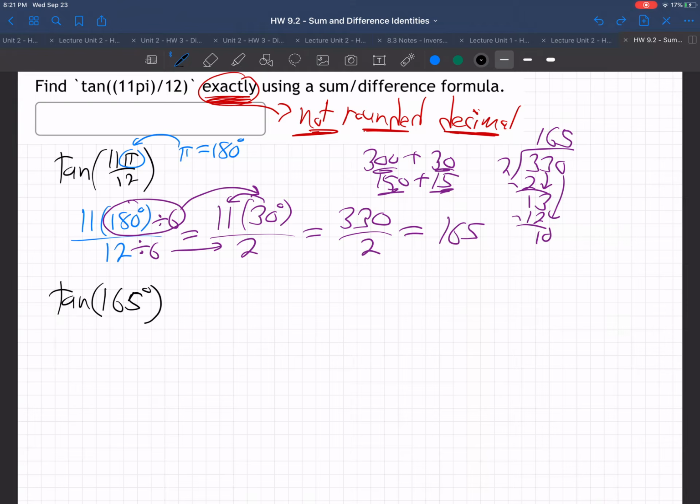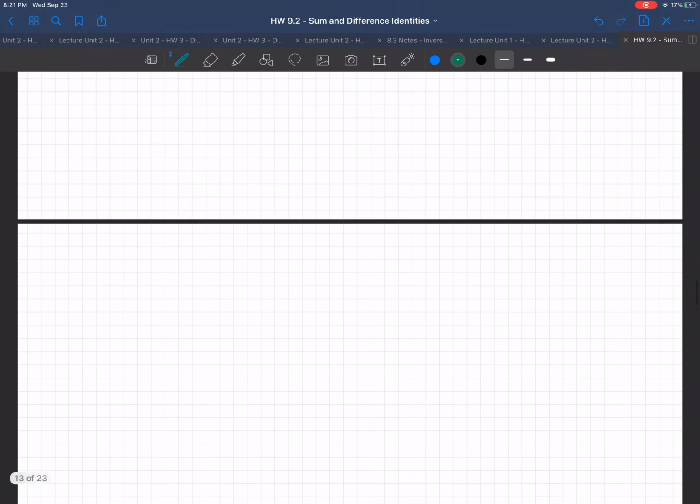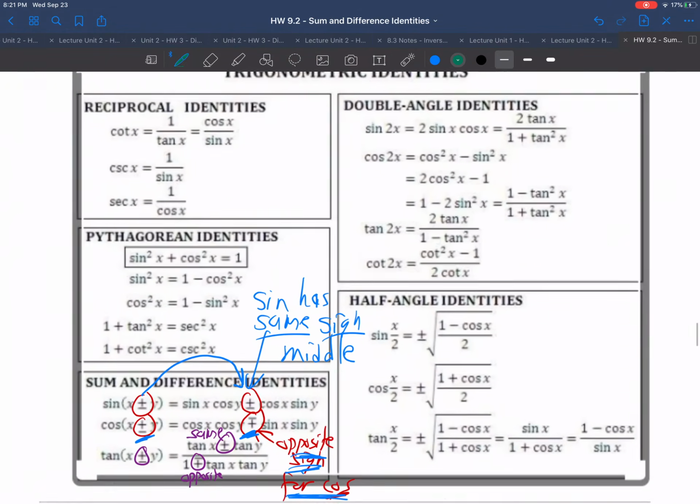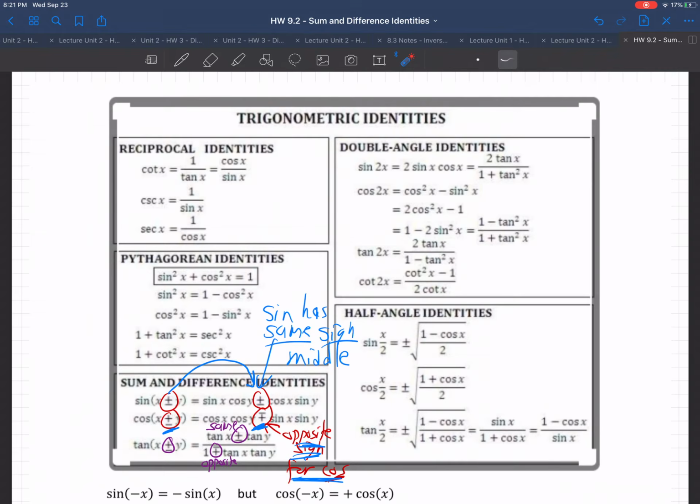Well, the hint is right here: using the sum or difference formula. So let's go grab the tangent sum or difference formula down here on the formula sheet that I provided for you in the notes on the Canvas course. So notice how it goes.